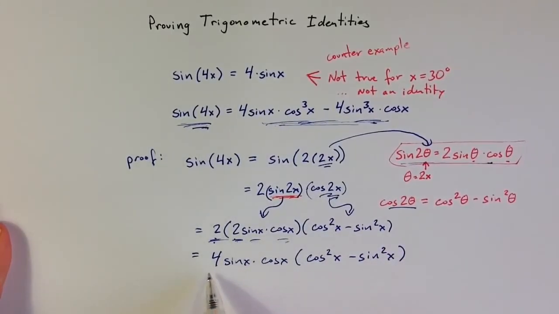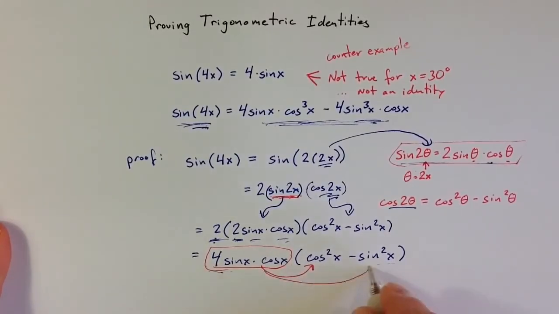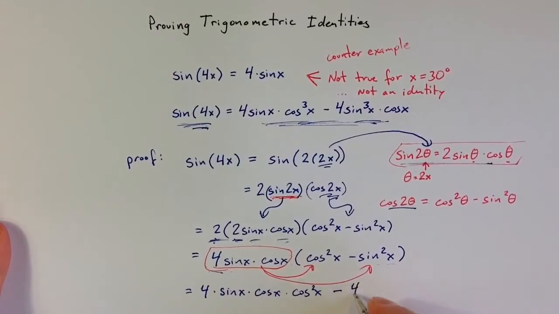And now, taking those 3 factors, I should distribute them across the subtraction. So all 3 of those get multiplied with cosine squared and with sine squared. I can think of this as 4 times sine of x times cosine of x times cosine squared of x minus 4 times sine of x times cosine of x times sine squared of x.